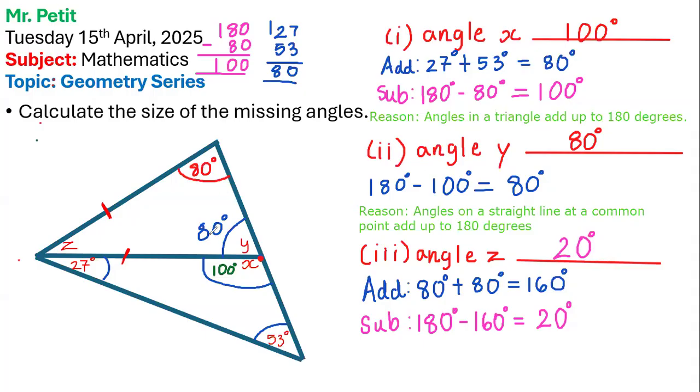So this 80 and these two must be 80. Why? Because we're dealing with an isosceles triangle, and in an isosceles triangle, 2 angles are equal. That makes sense? Good. So this is 80, this is 80. Now we're trying to figure out what Z is. So after we add 80 and 80, we subtract it from 180 to get 20 degrees. Does that make sense? Okay.